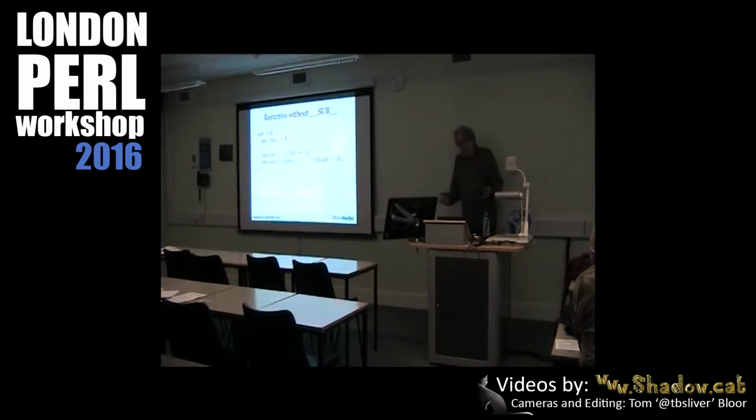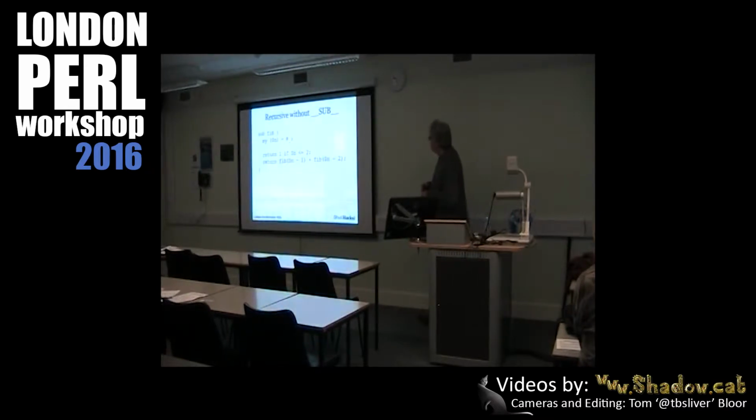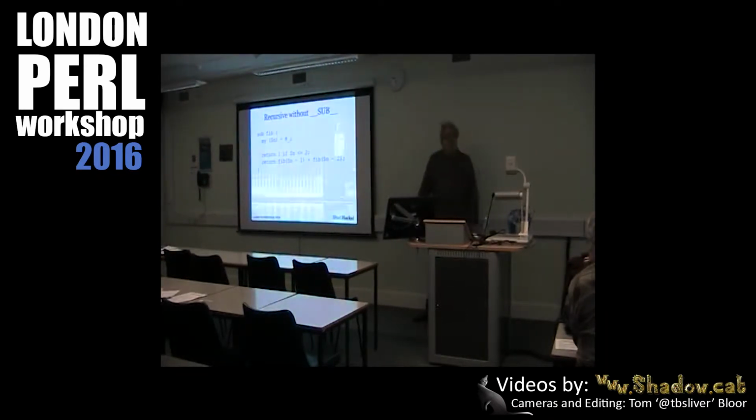And the rule is, if you talk about recursive subroutines, the example you have to use is the Fibonacci sequence. So here is a very simple implementation of the Fibonacci sequence, and you can see it's recursive because it calls itself, which is kind of the definition of recursion. It calls itself twice.